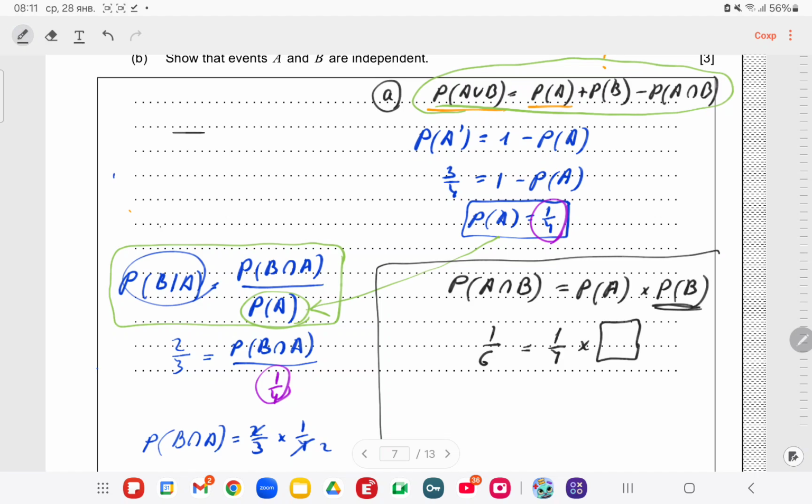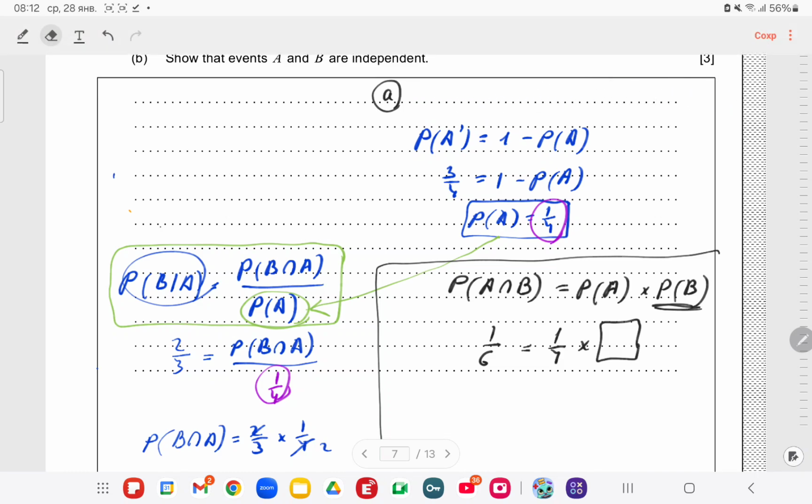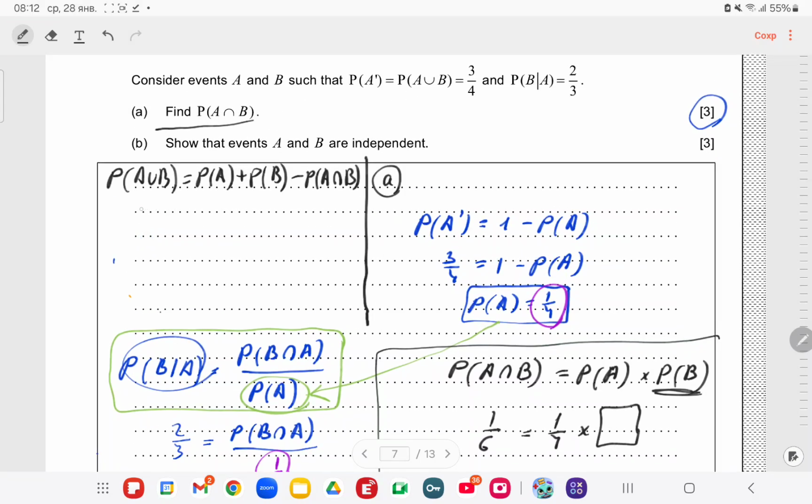Now, guys, we can use the combined events formula. Let me write it one more time: P of A union B is equal to P of A plus P of B minus P of the intersection, right? Everything is given here. The union is equal to 3/4, P of A is 1/4, P of B we should find, and the intersection is 1 over 6.